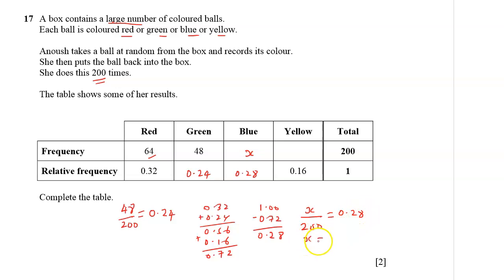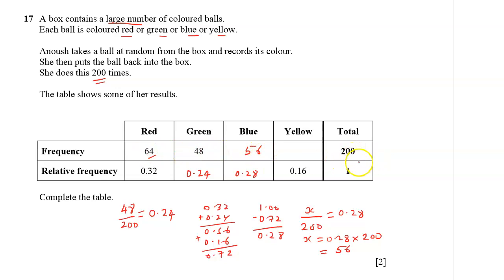Therefore, x is 0.28 times 200. When you do your math correctly, you're going to get 56. So x here is 56.